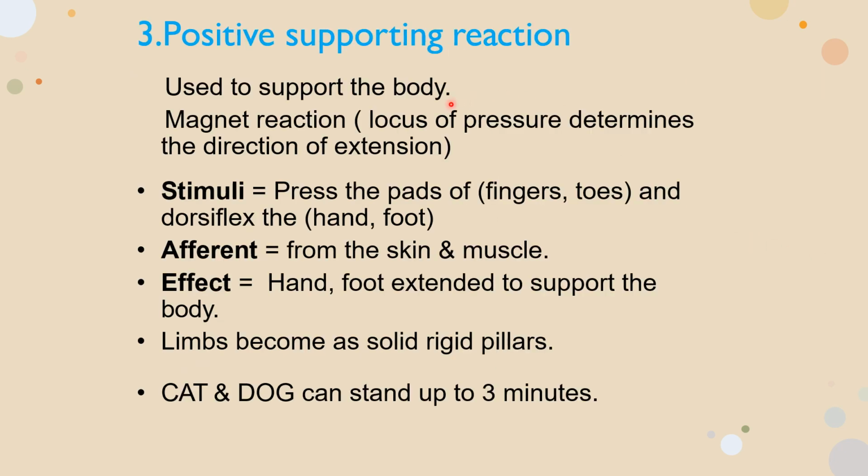So this reaction, as I told you, is used to support the body. It is also called a magnet reaction. Why is it a magnet reaction? Because the locus of pressure determines the direction of extension.